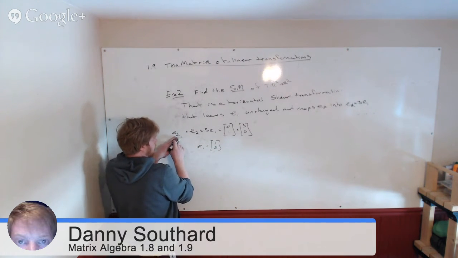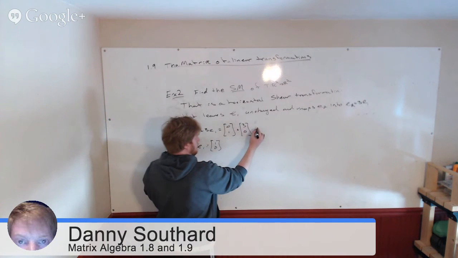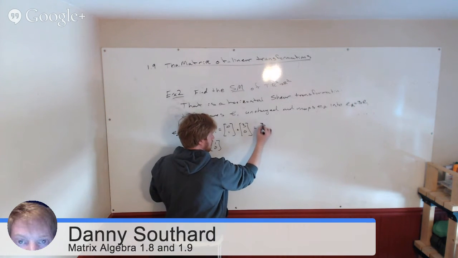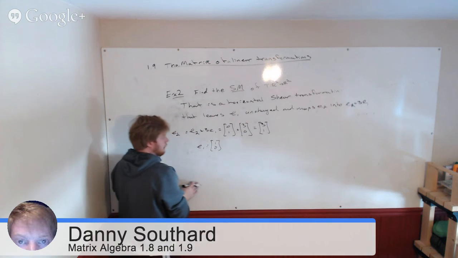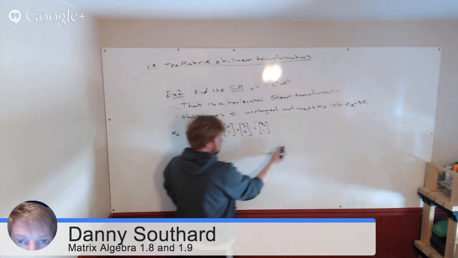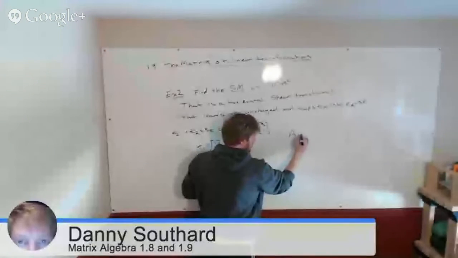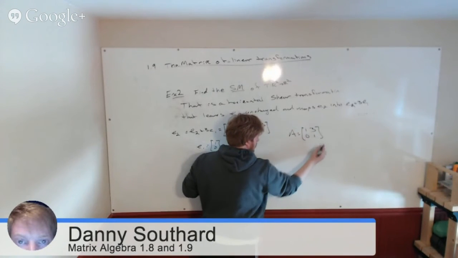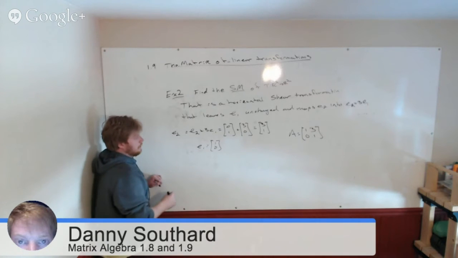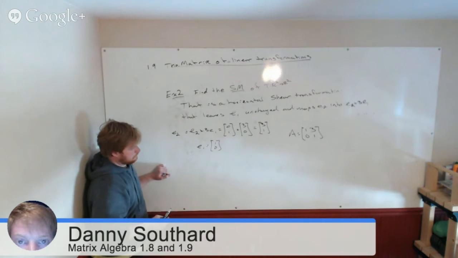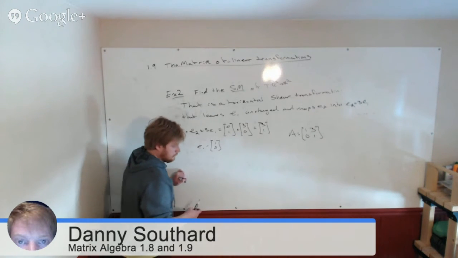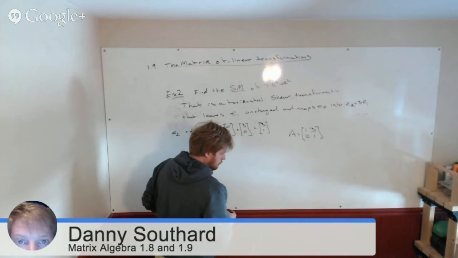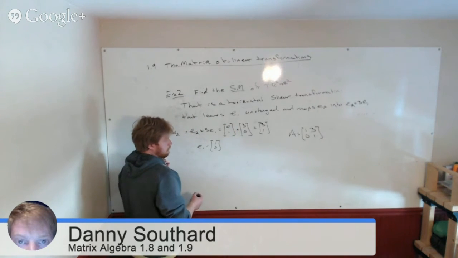And we're mapping e2 to this, which is 3, 1. So my horizontal shear, or in other words, matrix A, is 1, 3, 0, 1. So that leaves e1 unchanged.